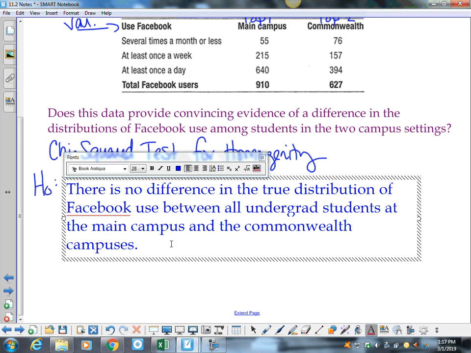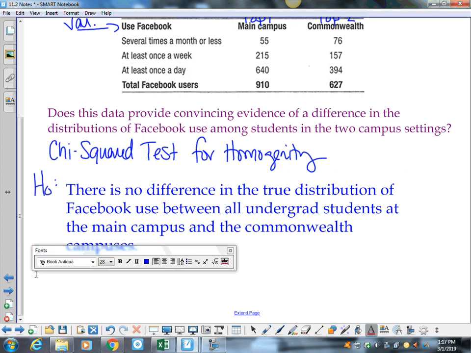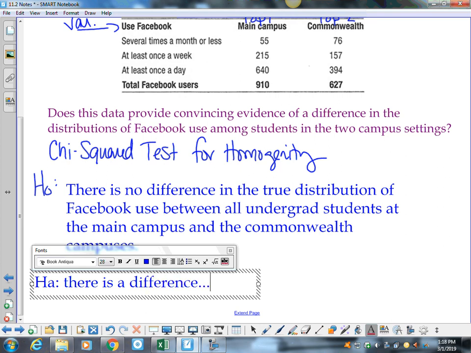And then what's your, there is a difference.